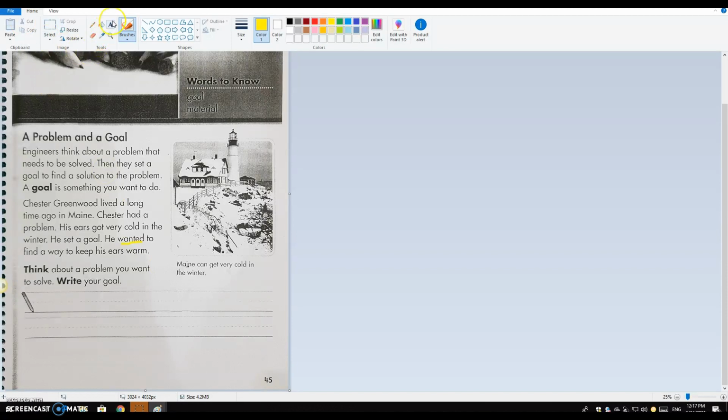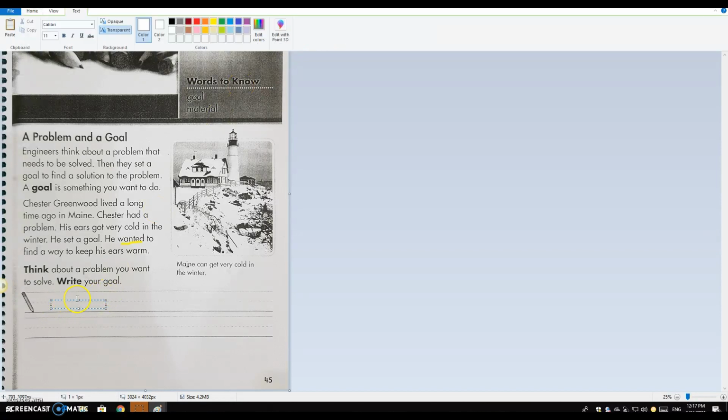Okay, and this is something we did in class. So I had every student write their own goal. A lot of their goals were this. I want to learn English. That is a fantastic goal. I support that. I want to learn English. Okay?